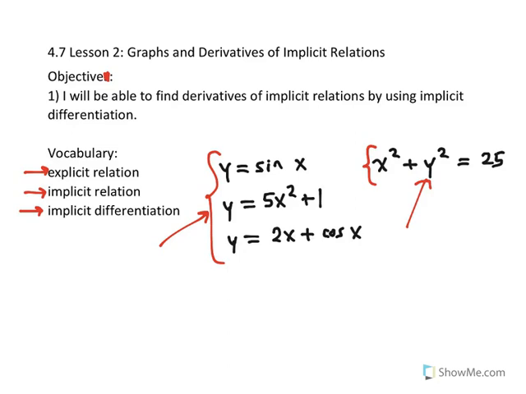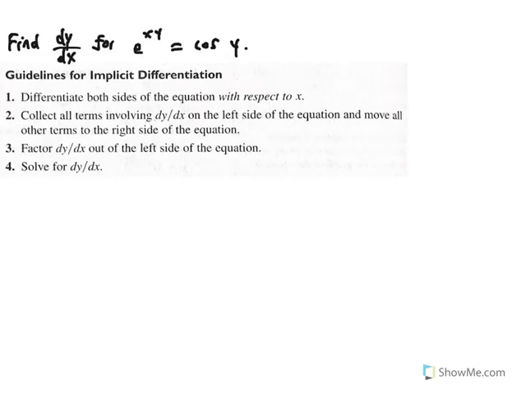And today we're going to take a look at two additional examples for finding derivatives of implicit relations by using implicit differentiation. Our first example is to find dy dx for the implicit relation e to the xy is equal to cosine of y. So we will follow these guidelines for implicit differentiation that we learned about yesterday.